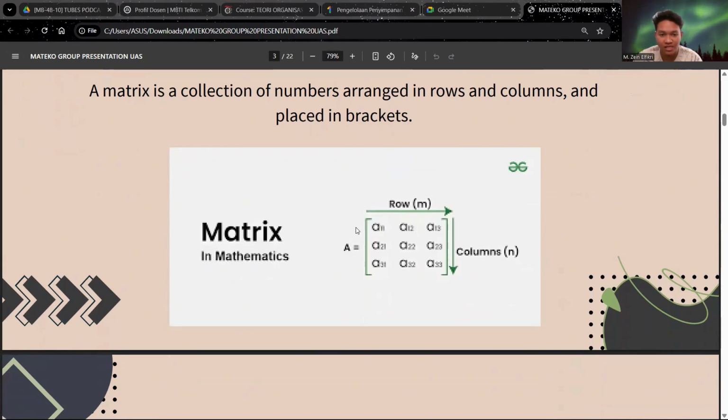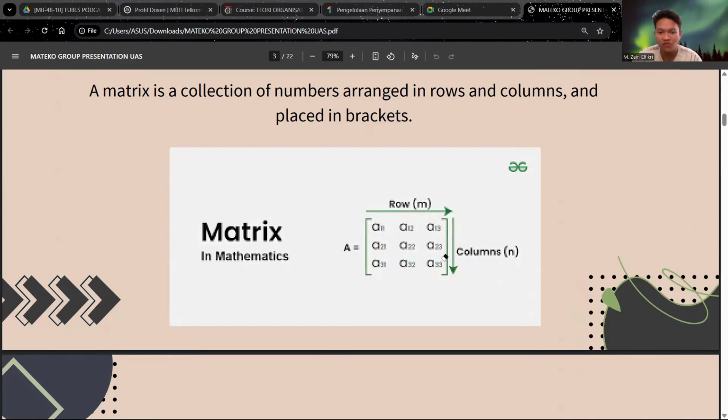This is a row. Then A21, A22, A23, we call this a row. And also A31, A32, and A33, we call this also a row.